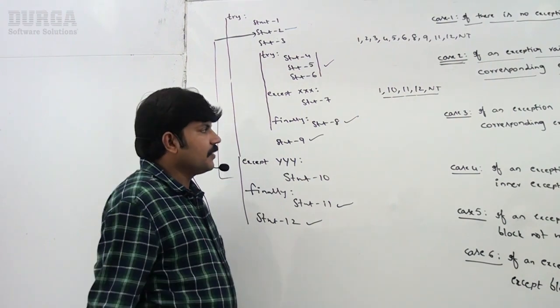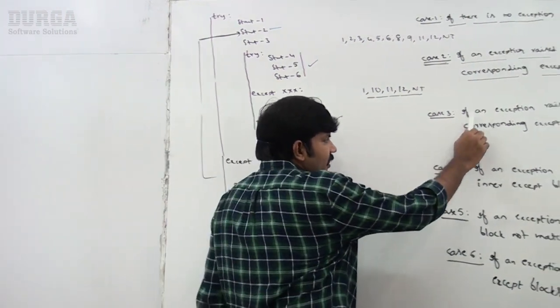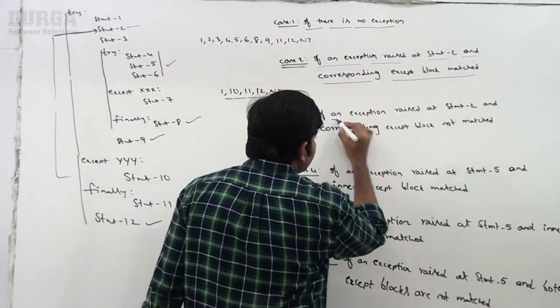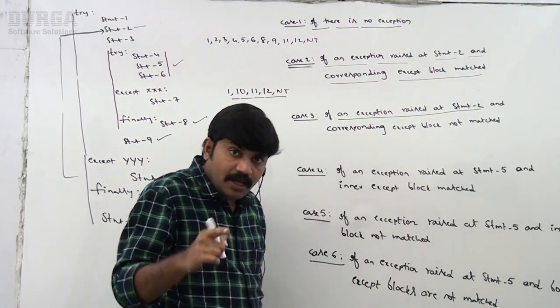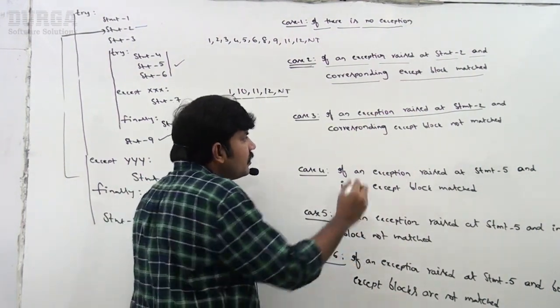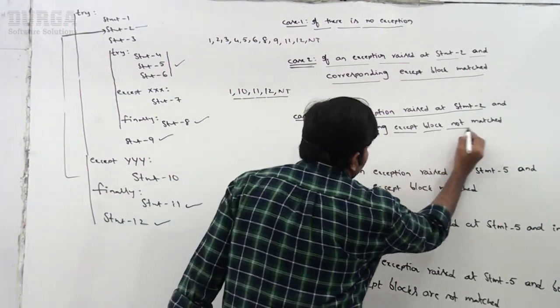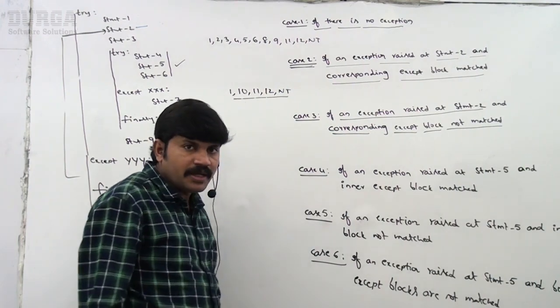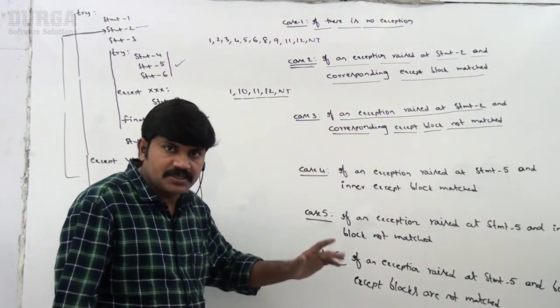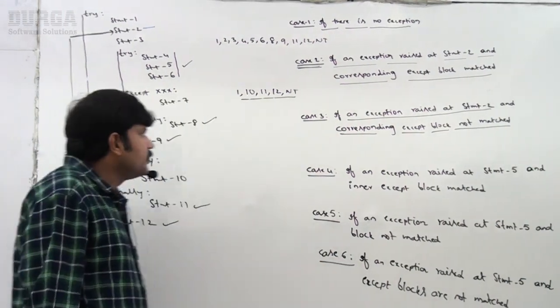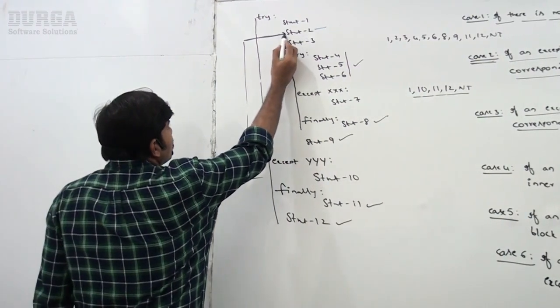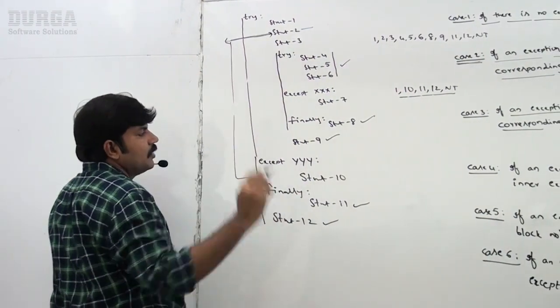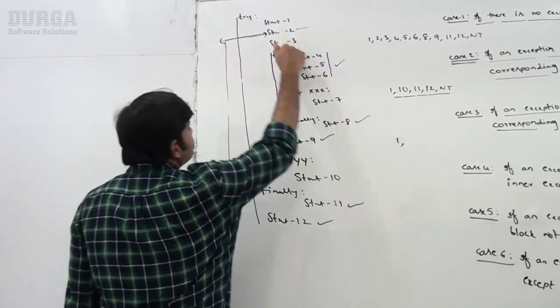Now observe carefully case 3. If an exception is raised at statement 2, at the same statement, and the corresponding except block not matched, what will happen? Now 1 will be executed.